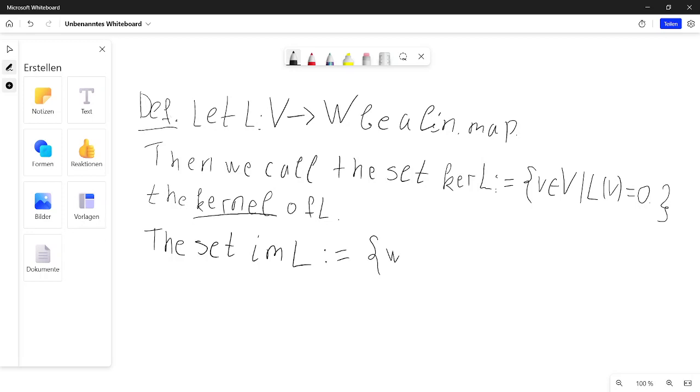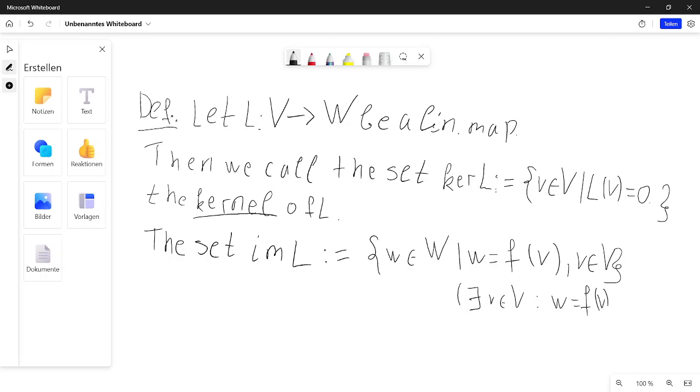It's the set of all w in W such that w is the image of an element of V. The proper notation for that would be: there exists an element v such that w is equal to L of v.